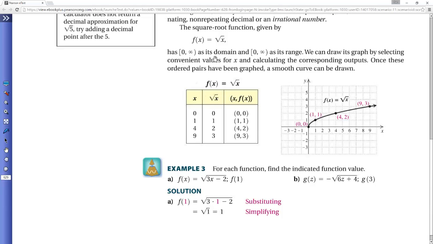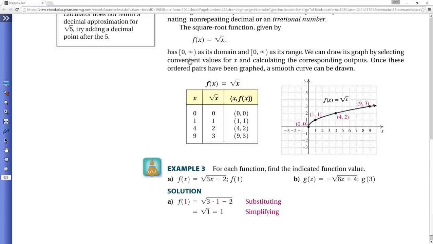And that's what they show us here. The domain of this, this square bracket here again means that it includes 0, and infinity or positive infinity, meaning to indicate which side it goes to. And then they use this non-inclusive part basically to say there's really no way to end point this, but they've got to do it one way or the other.